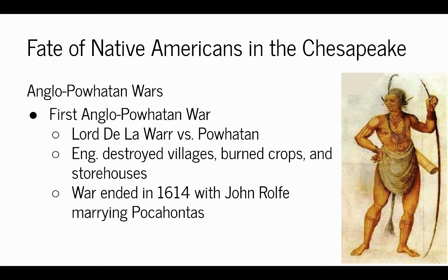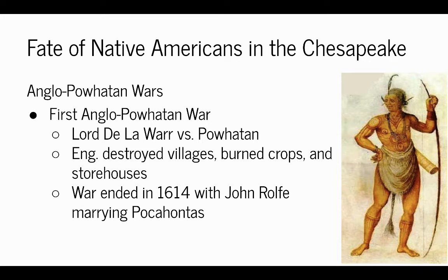And what happens is he had very strict, harsh rules and policies against the Indians. And therefore he butted heads with the tribal leader, Powhatan. The English destroyed the natives' villages, burned their crops, burned their storehouses, and war basically broke out between them.